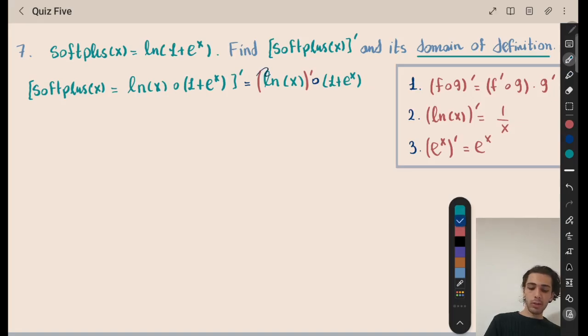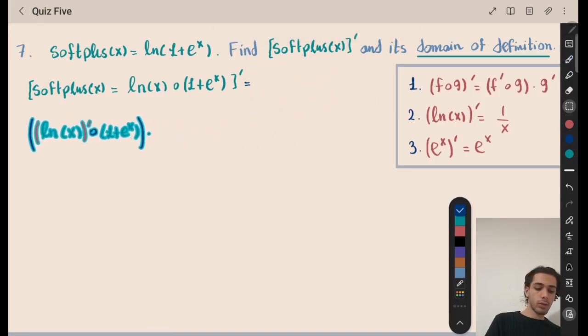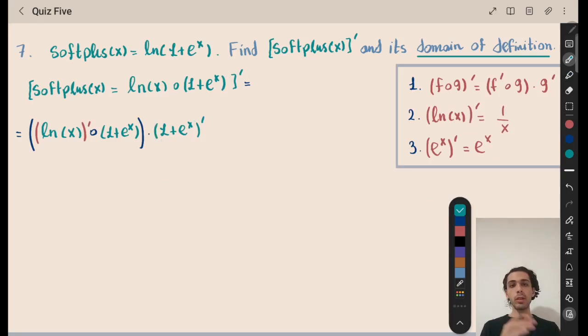And then you multiply this whole thing by the derivative of the inside function. So that is very key for the solution. I'm just applying the chain rule. I have not computed any derivatives so far. I need to compute 2 more.